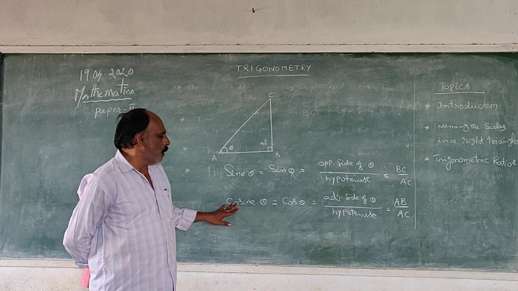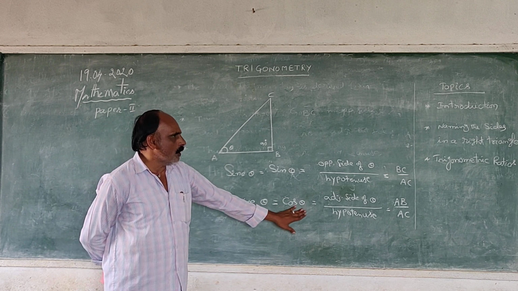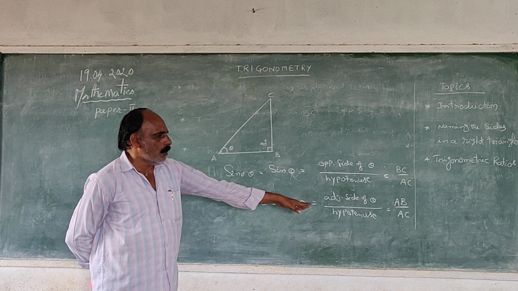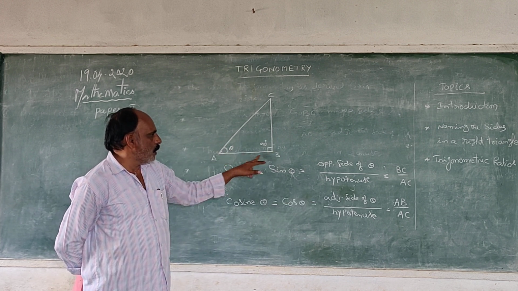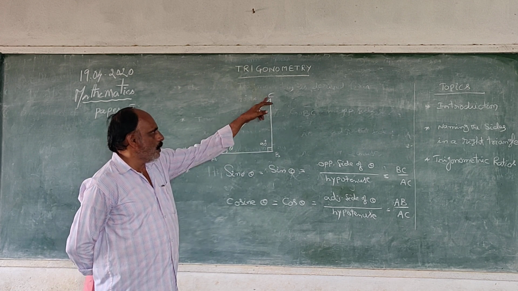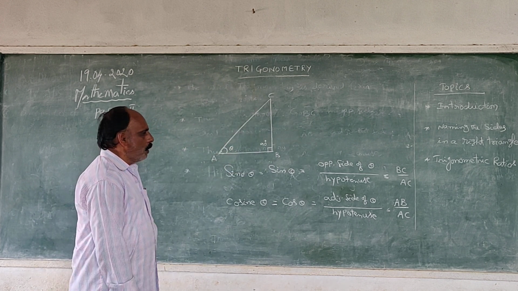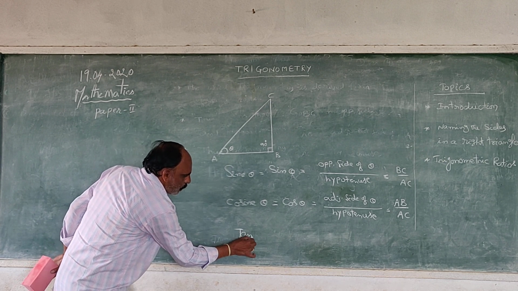Second trigonometric ratio is cosine theta, briefly written cos theta, equal to the adjacent side of theta by hypotenuse. From the figure, the adjacent side of theta is AB and the hypotenuse is AC. So AB by AC.